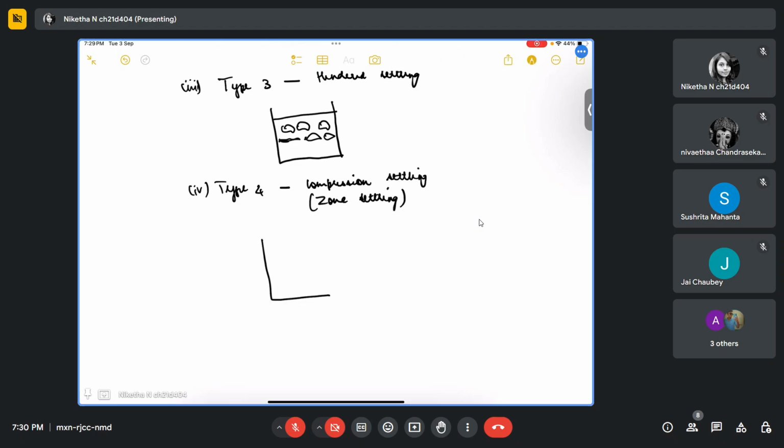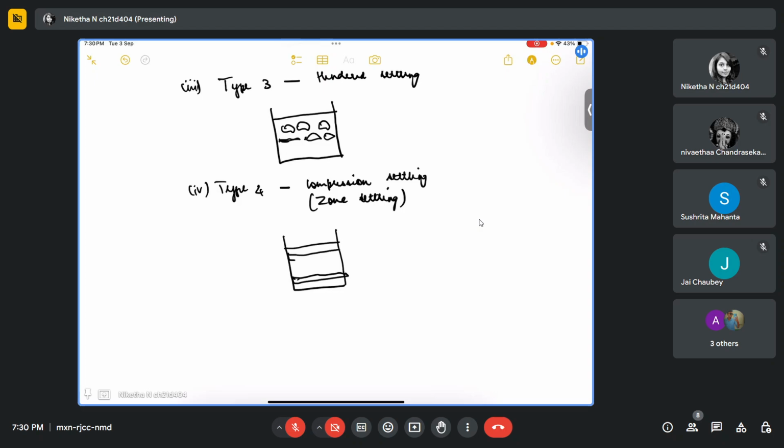So when you have a high concentration of particles, so when you have many particles, at the bottom you will have one zone. At the top, some other particles will be there.